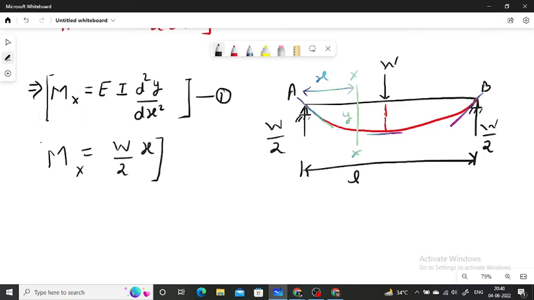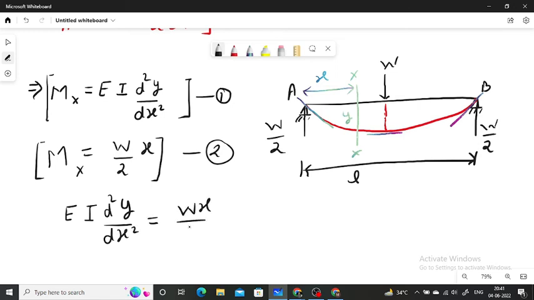This will be equation number 2. Now equating equations 1 and 2, EI d2y upon dx square is equal to Wx by 2. Equation number 3.